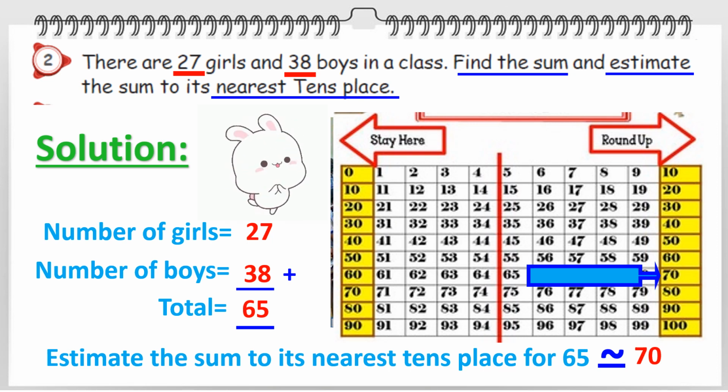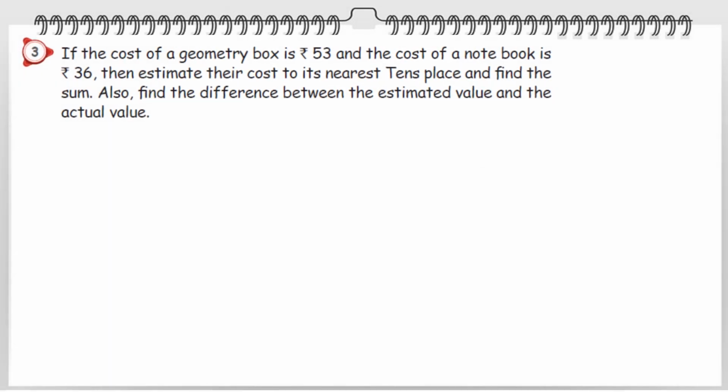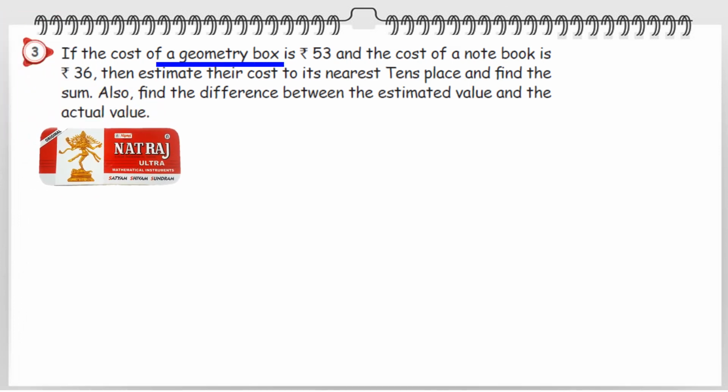Okay. Then come to the third sum. If the cost of a geometry box is rupees 53, and the cost of a notebook is rupees 36, then estimate their cost to its nearest tens place.